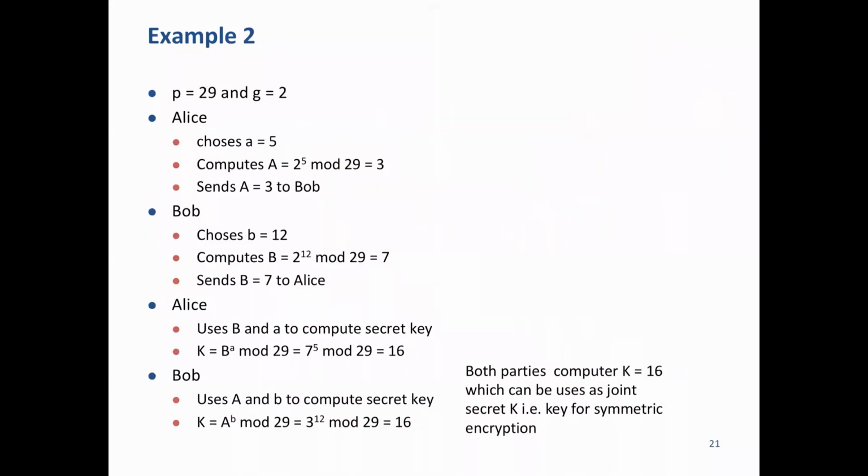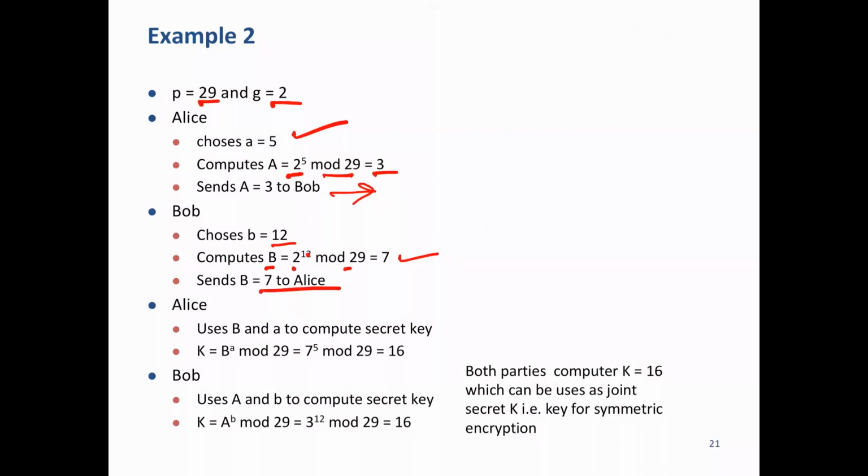Another example is similar. It's nothing different. P is 23, G is equal to 2. Alice chooses A equal to 5, computes G raised to the power 5, which is 2 raised to the power 5 mod 29, equal to 3, and sends 3 to Bob. Bob chooses B equal to 12, computes G raised to the power 12 mod 29, which is 7, and sends 7 to Alice.